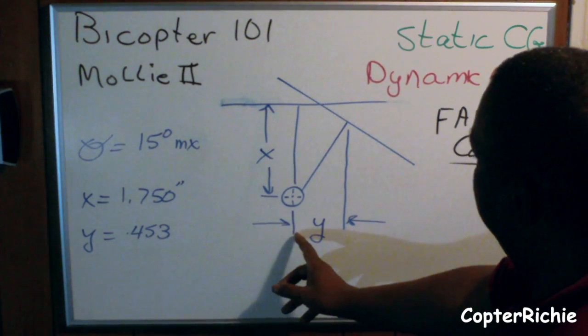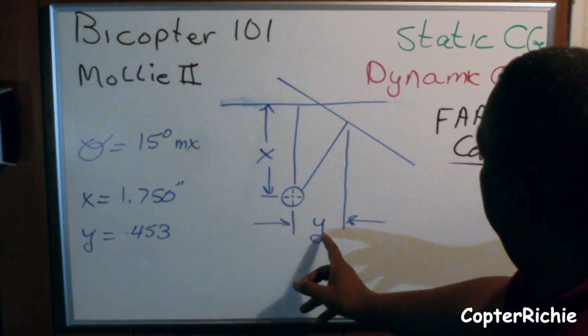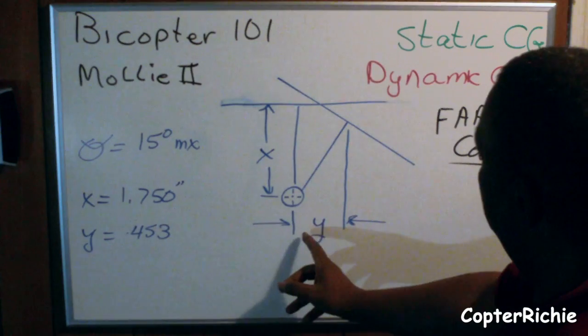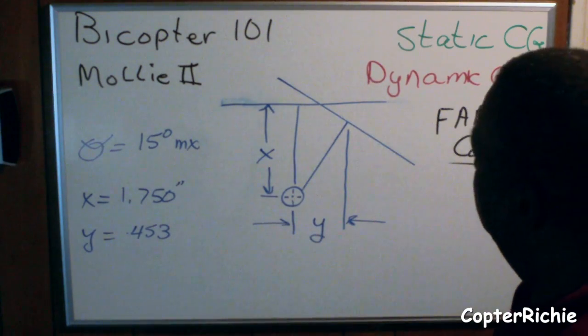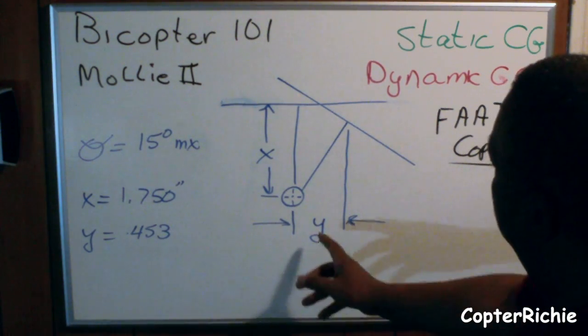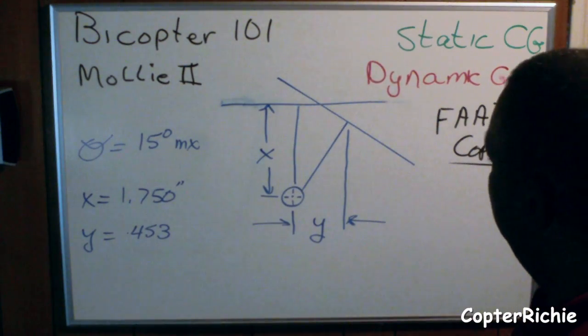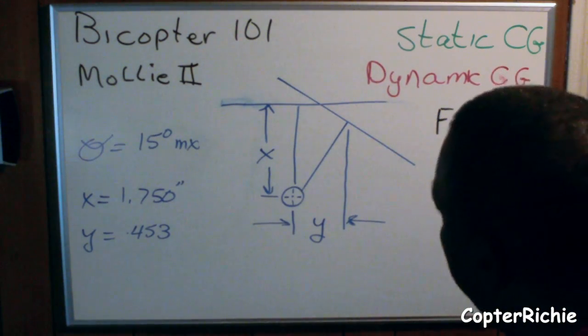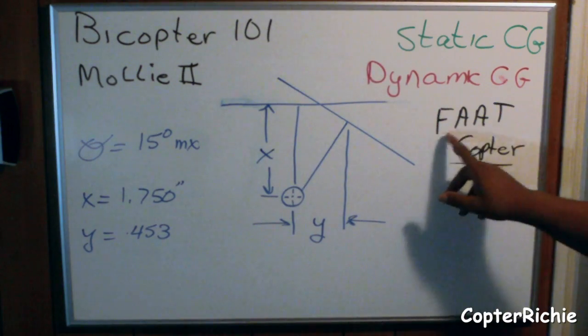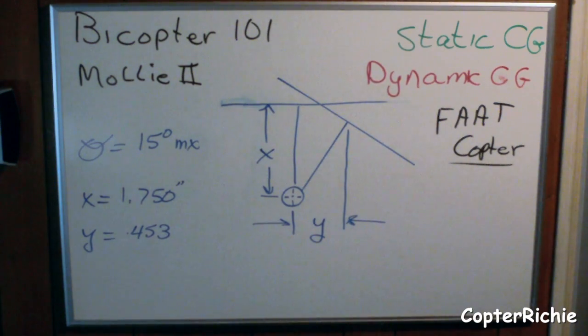So if we place our battery somewhere in between this point here, it will level out during forward flight before it reaches the maximum of 15 degrees rotation. That's static. And this is on a fixed-angle copter.